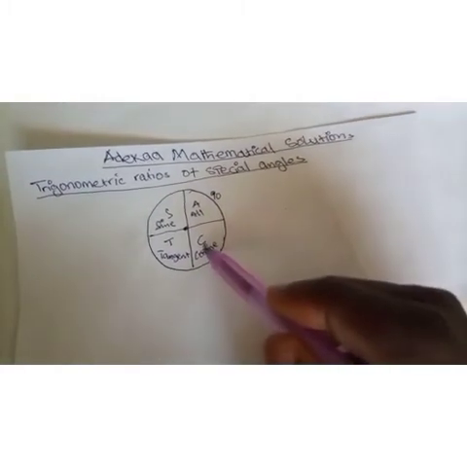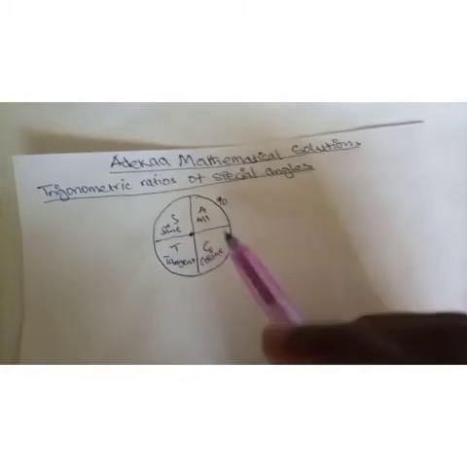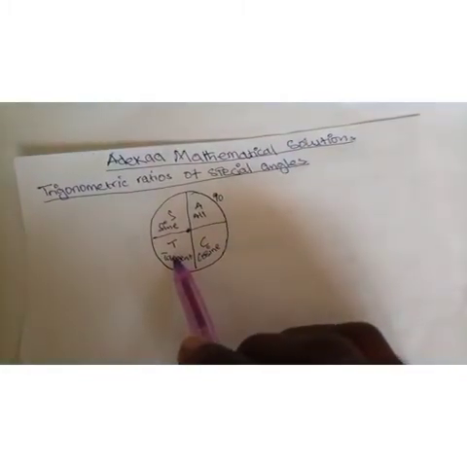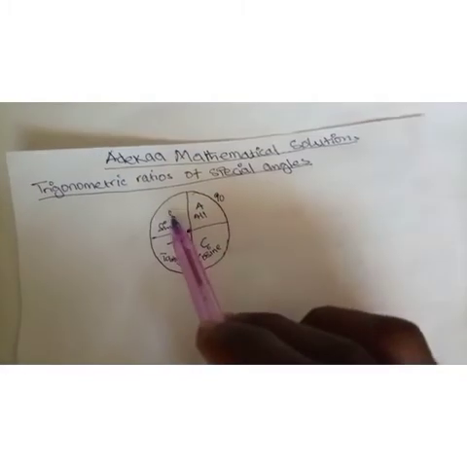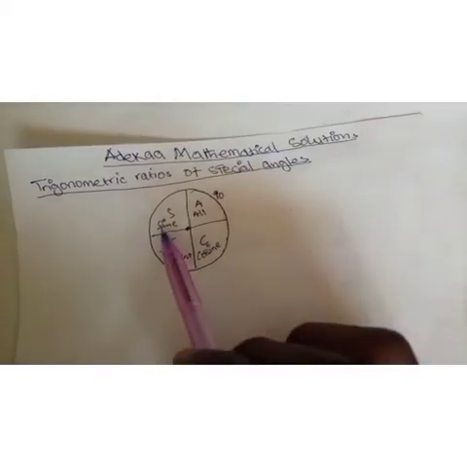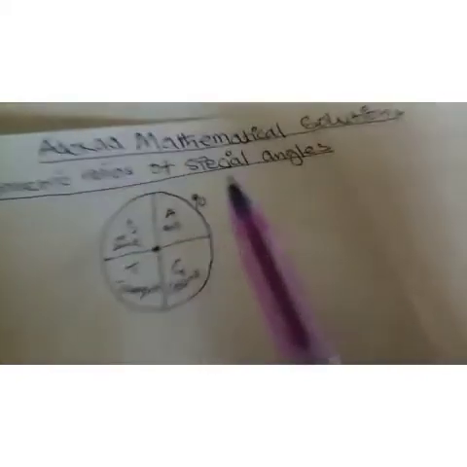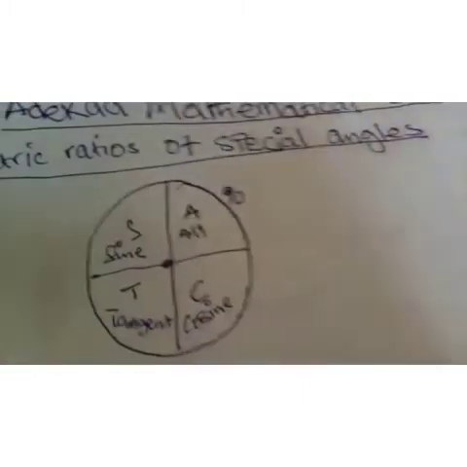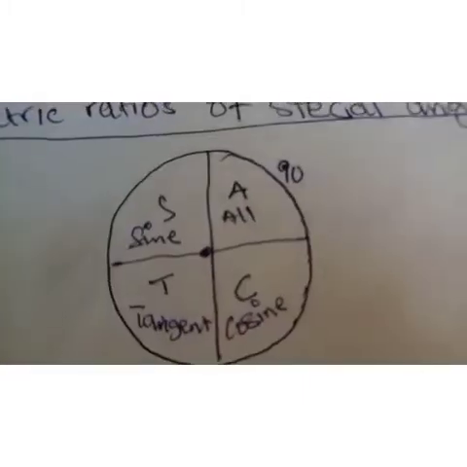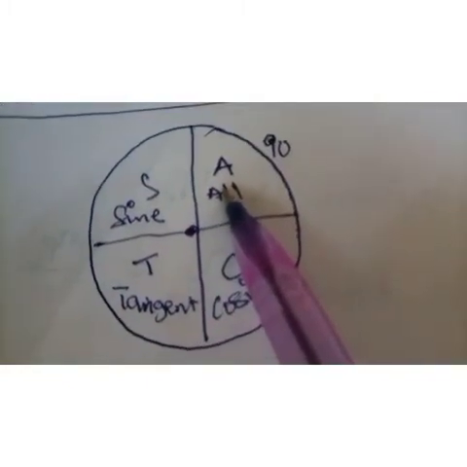Coming here, only sine is positive. Here only tangent is positive, and here only cosine. Let me come again.